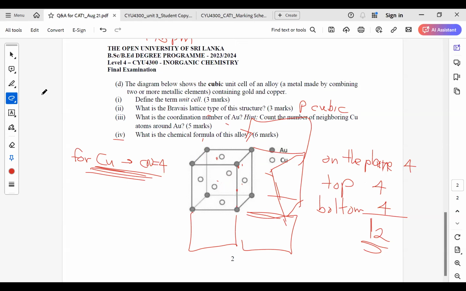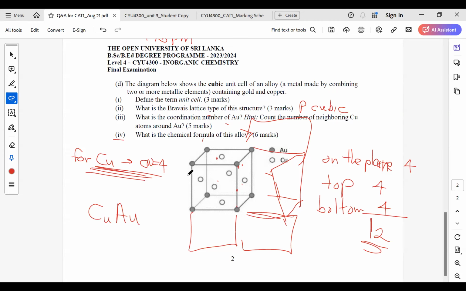So what is the chemical formula of this alloy? How many copper atoms are there? How many gold atoms are there in this unit cell? Now tell me how many gold atoms are there in this unit cell? How many? Just one. How come? Because they are at the corners and each corner atom is shared by 8 unit cells.